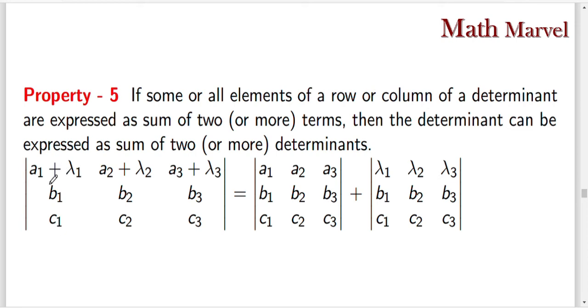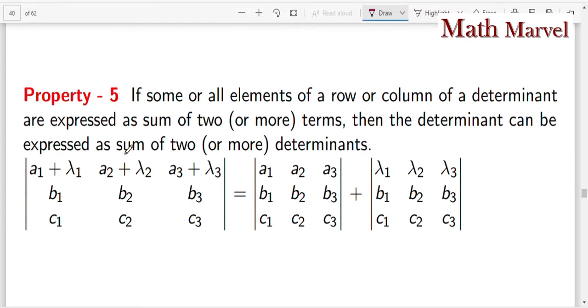So here elements of first row are expressed as sum of two terms. First element is expressed as sum of a1 and lambda 1. Second element is expressed as sum of a2 and lambda 2. And third element is expressed as sum of a3 and lambda 3. Okay. So in this case, then the determinant can be expressed as sum of two determinants.